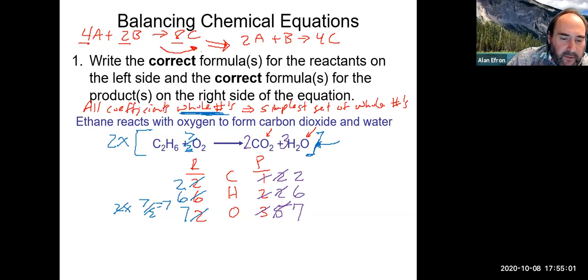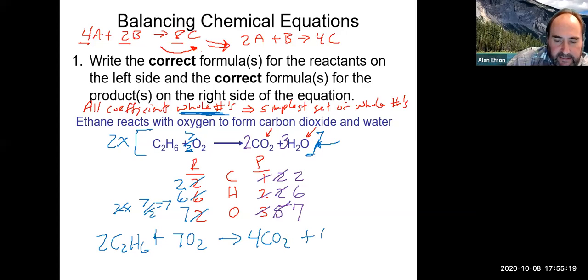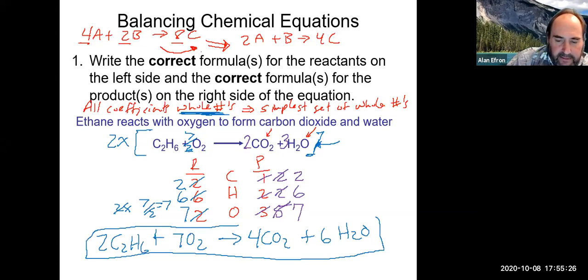So we multiply everything by 2. That gives us 2C2H6, and 7/2 times 2 gives us 7O2. On the other side, multiplying the 2 across gives us 4CO2, and lastly, 6H2O. If I didn't mess this up, we should still be balanced.